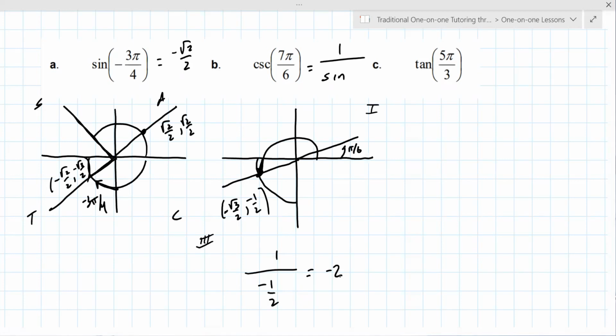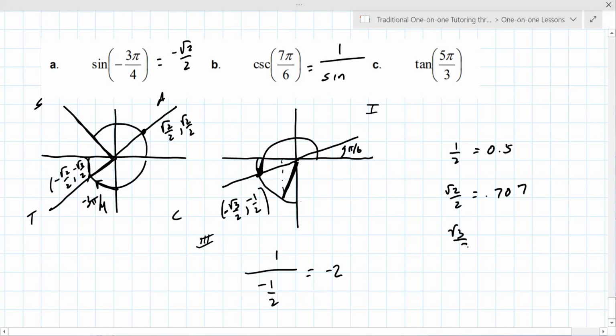And just full disclosure, I'm not looking at the unit circle as I do this, but you can do it without looking. You've got to figure out, am I further away, because if you go down here, now it's flipped because you're more on the y. The y is almost a 1. Have you done this? 1/2 is obviously 0.5, square root of 2 over 2 is 0.707, and square root of 3 over 2 is 0.866.